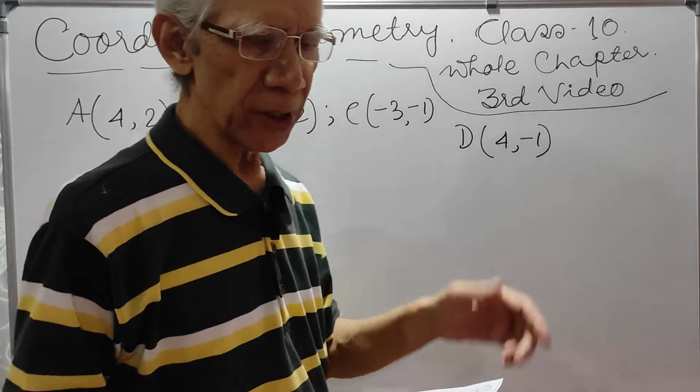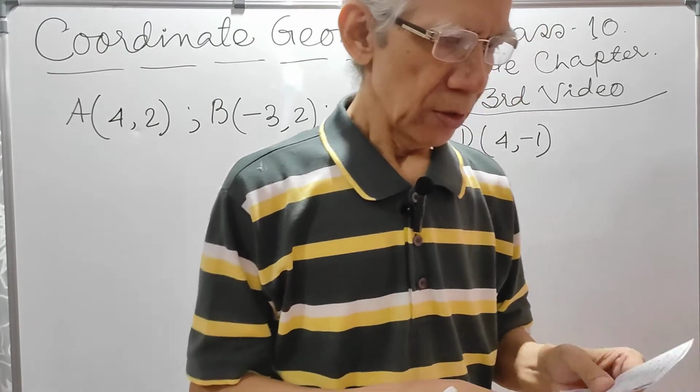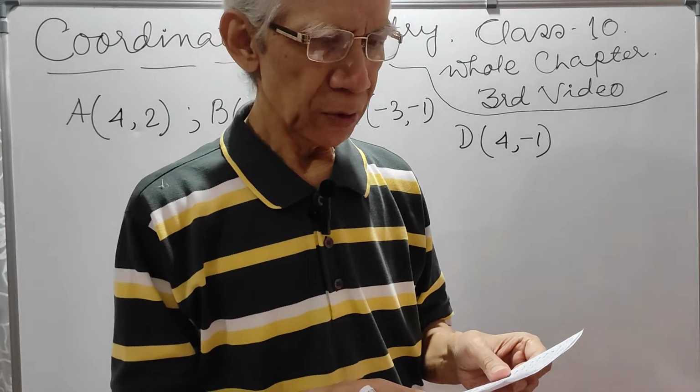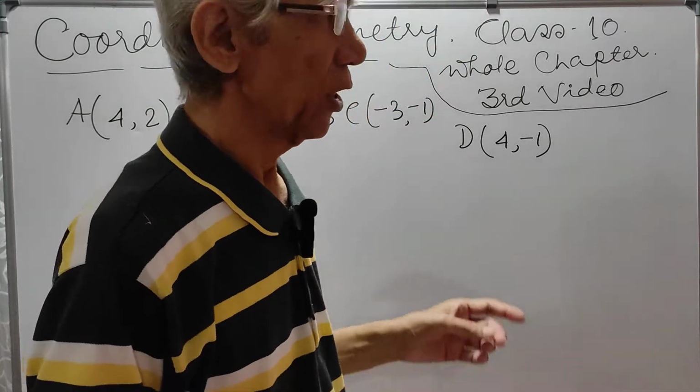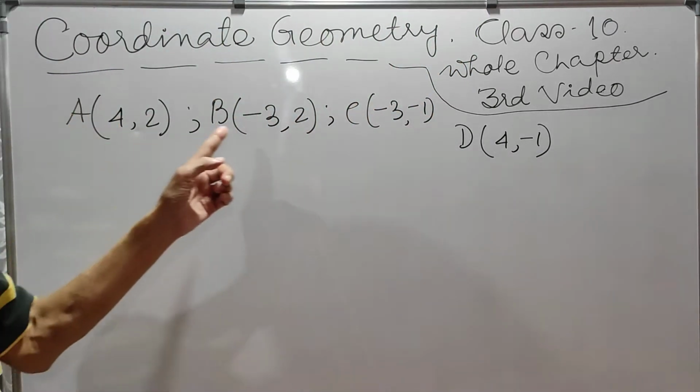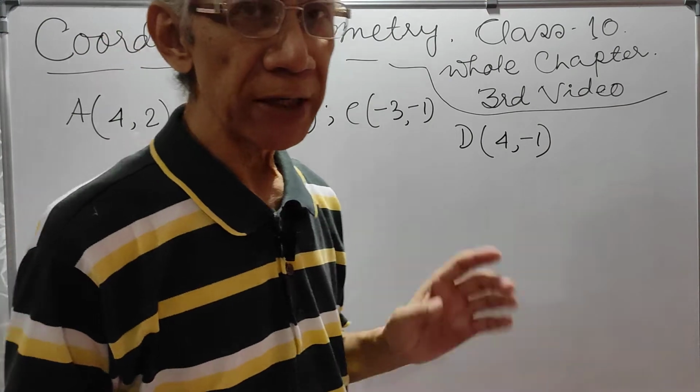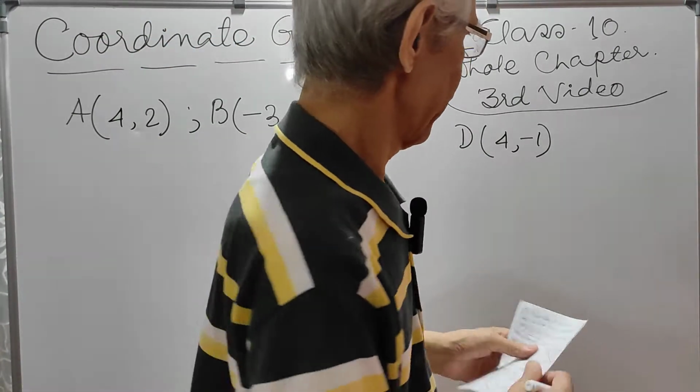Now these 4 points are given, and you are asked to show that they are vertices of a rectangle. The question is: show that these 4 points A, B, C, D are vertices of a rectangle.